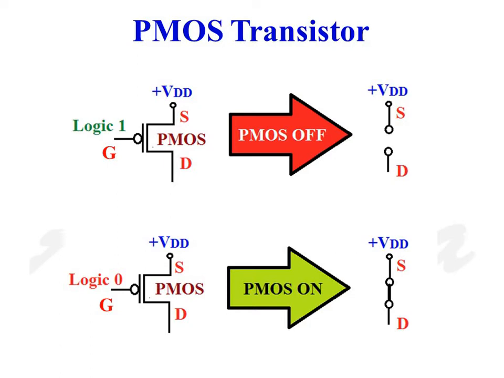When the gate of the PMOS transistor is at logic 0, the PMOS transistor is in the on condition, and maximum current flows through the PMOS transistor as resistance between source and drain is equal to 0.